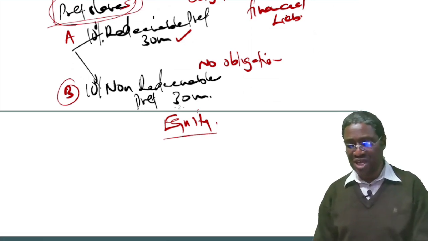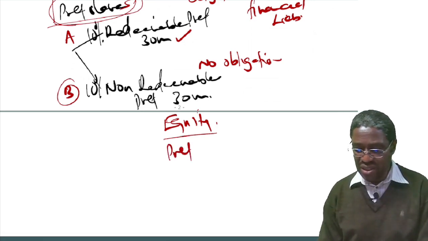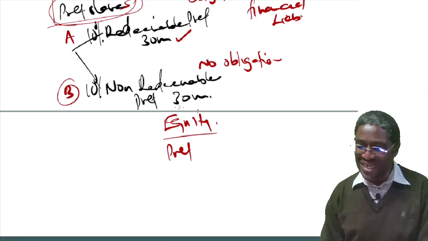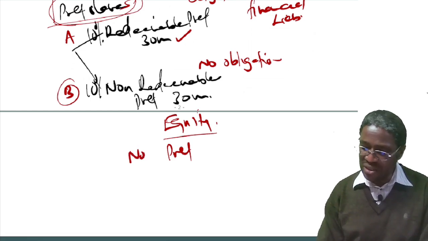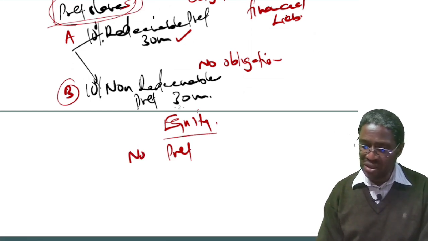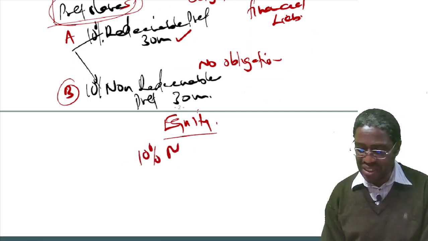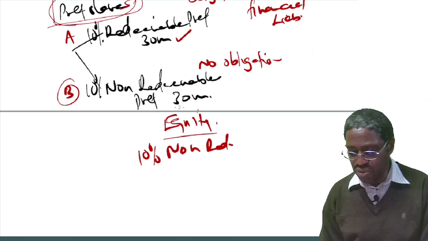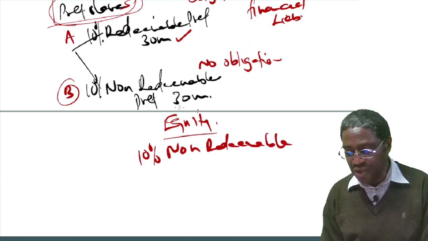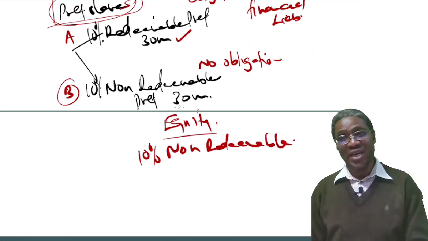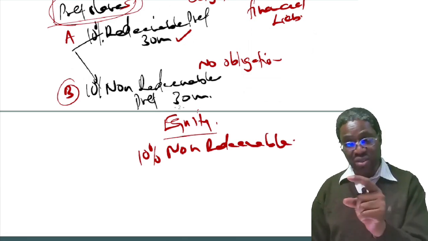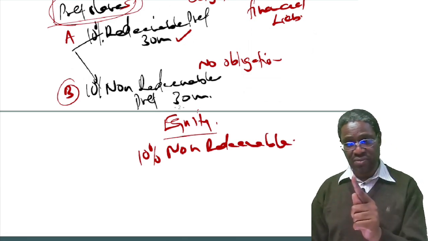Among them, that's where you now bring in the 10% non-redeemable preference share. It's part of equity. Are you there? That is important.